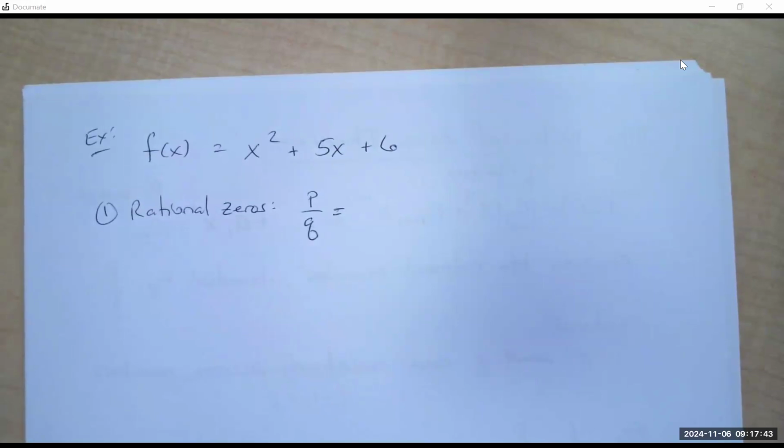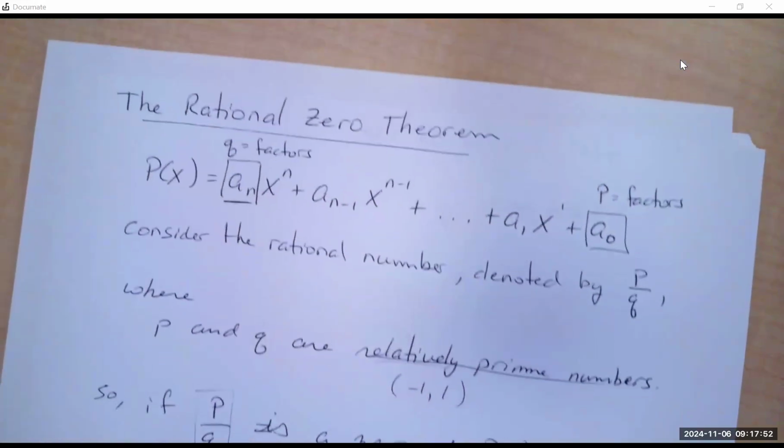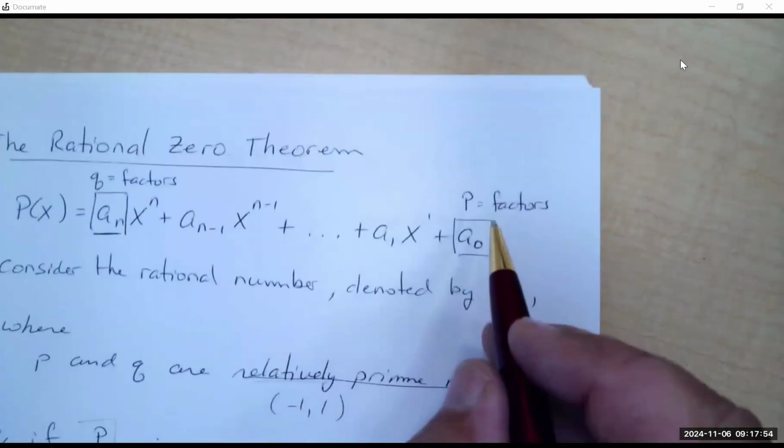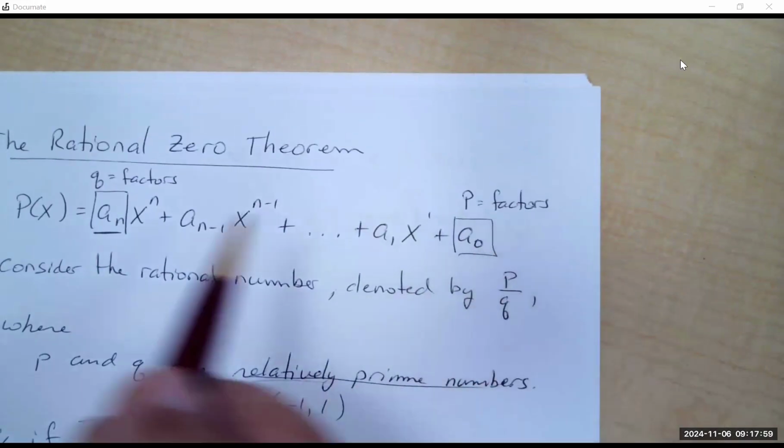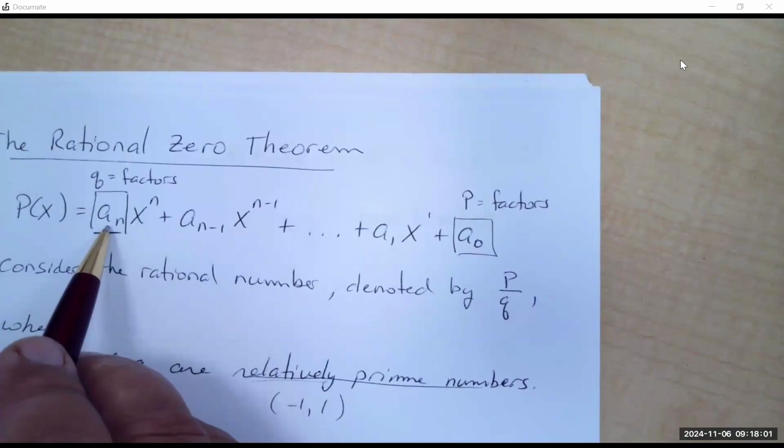What does P represent? P represents the factors of your constant. Q represents the factors of your leading coefficient.